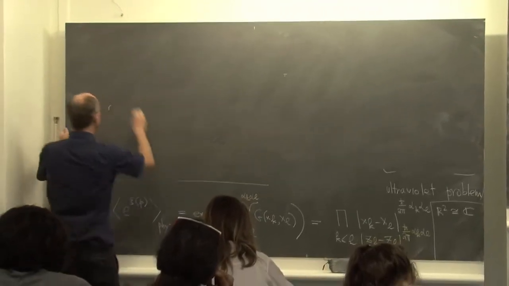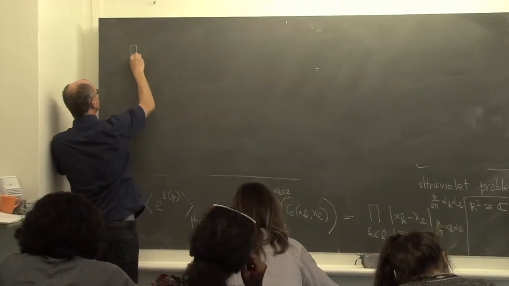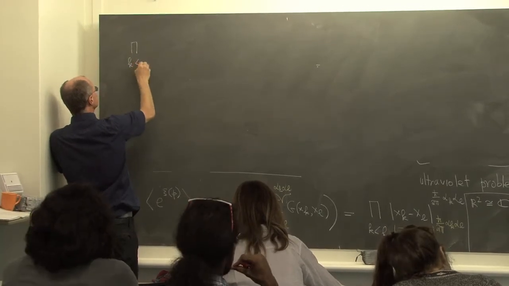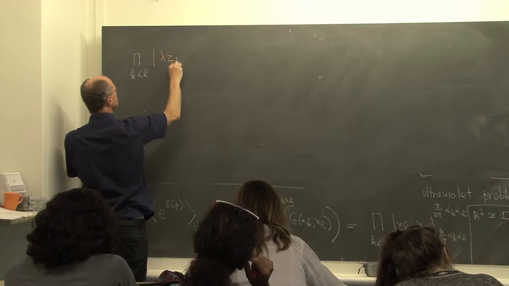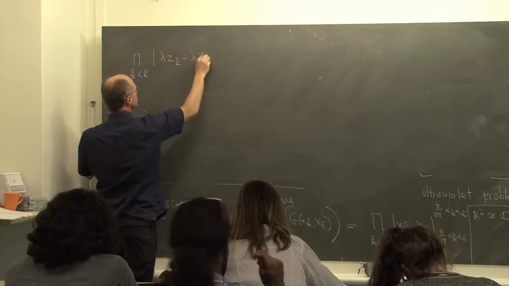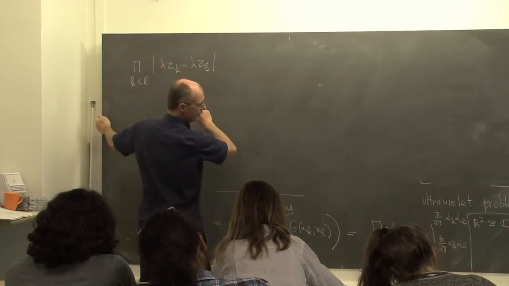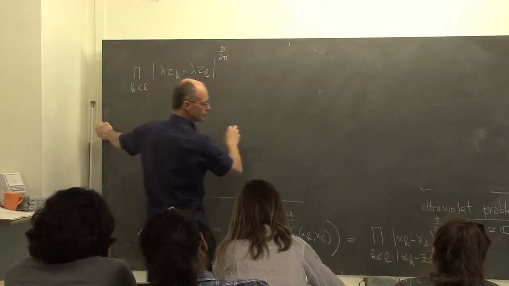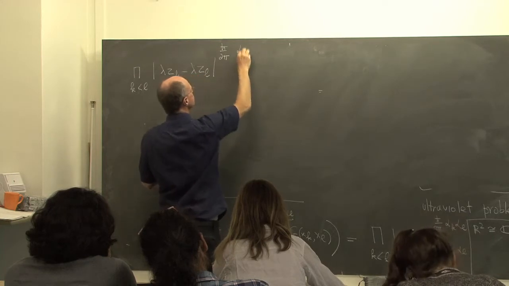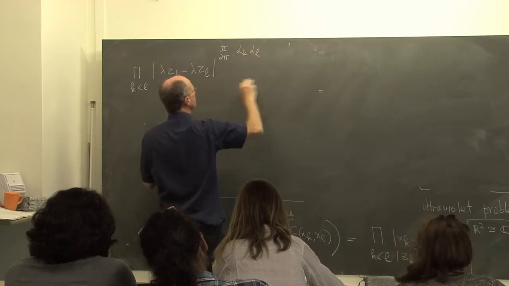So we take the correlation function with scaled arguments, to the power h over 2 pi alpha_k alpha_L.